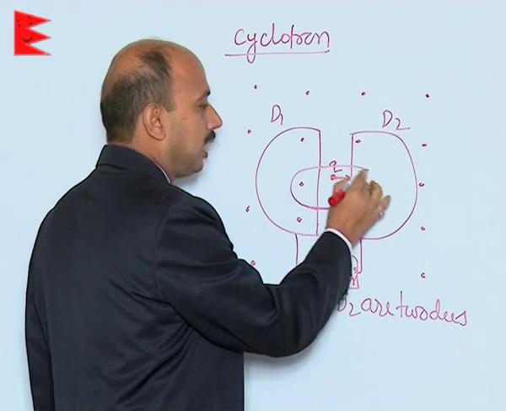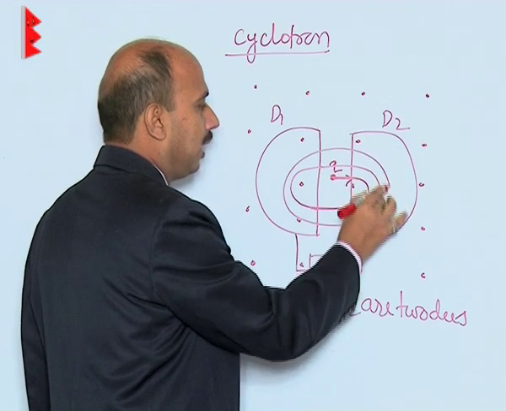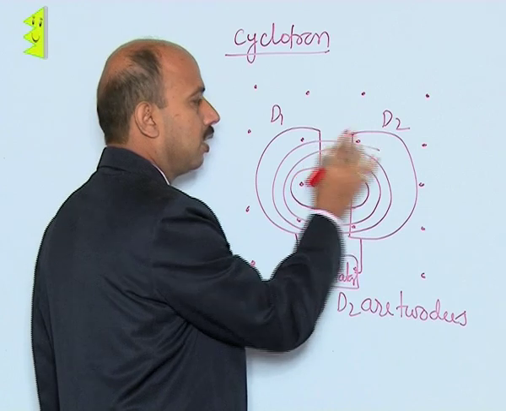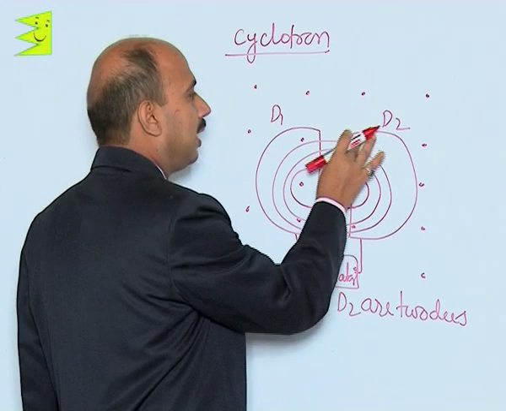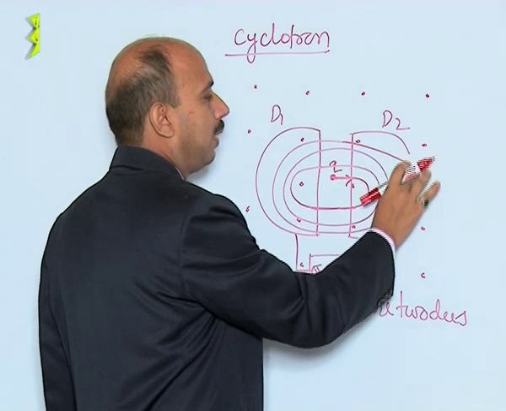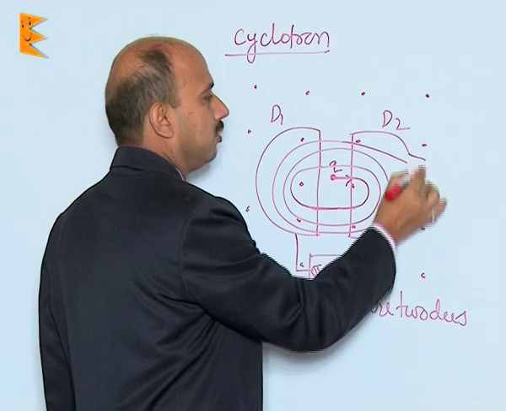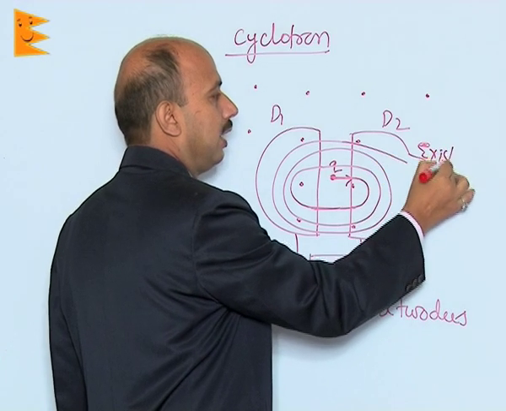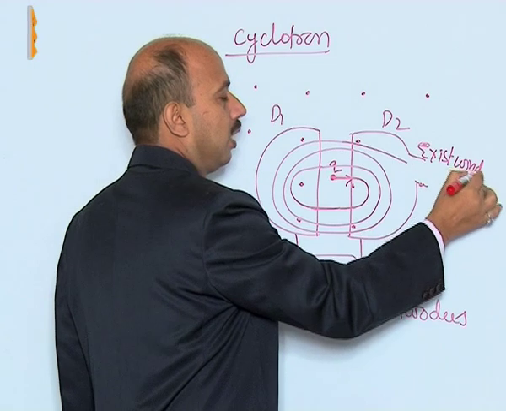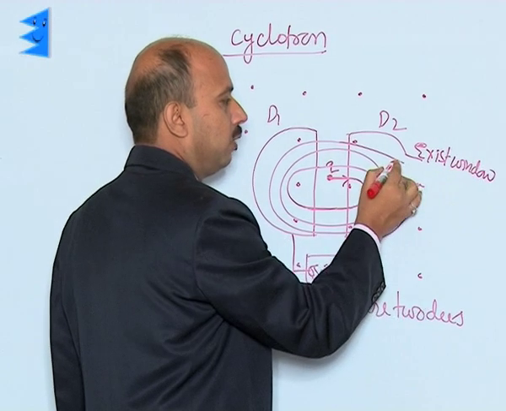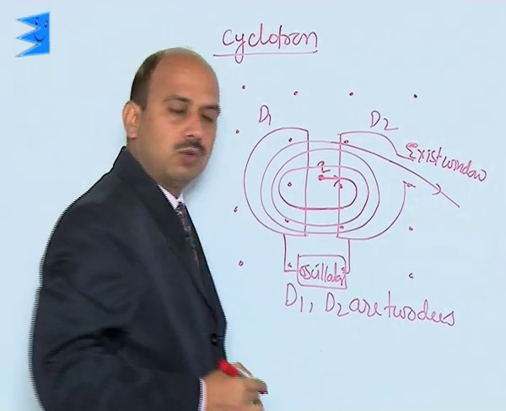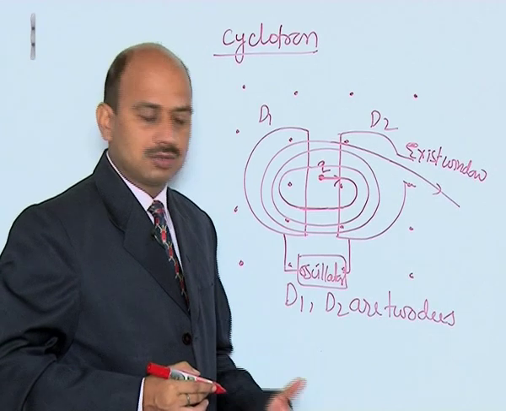In this way, the charged particle keeps on moving. And whenever the charged particle gains enough energy, there is an exit window, and with the help of this exit window, the charged particle can be taken out and made to strike the target.